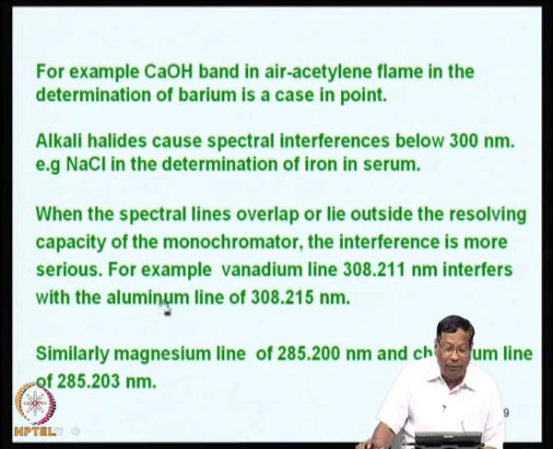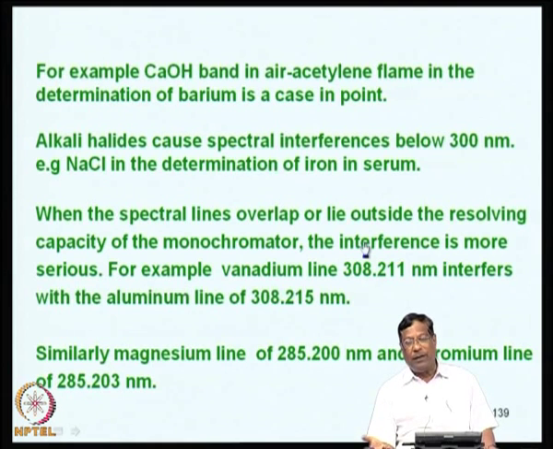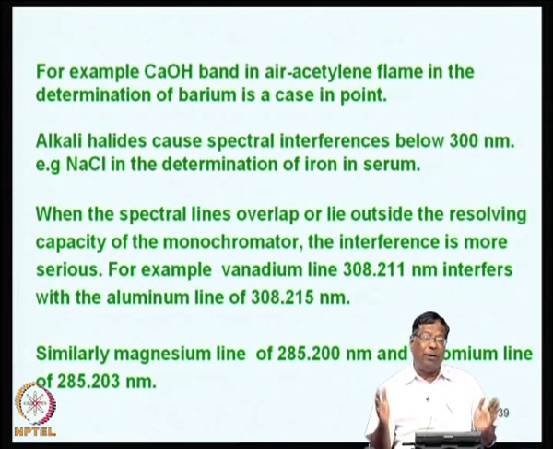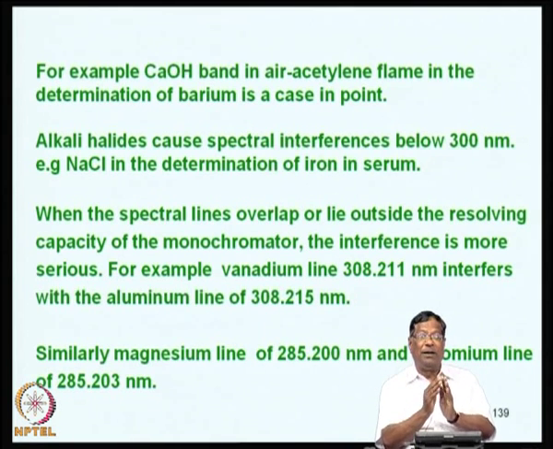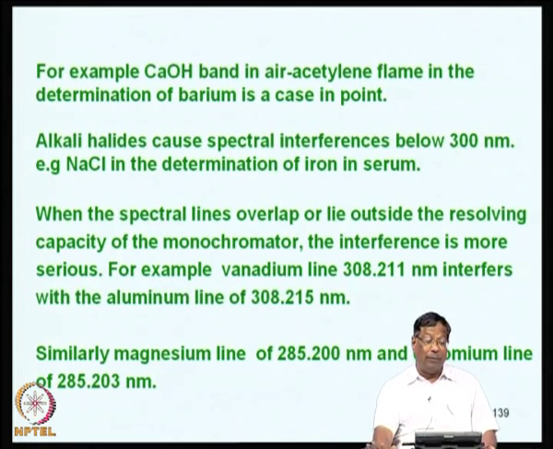Suppose you have aluminum along with vanadium; aluminum atoms also will absorb at 308.215. The difference between these two wavelengths is 0.004, but your monochromator cannot differentiate between 308.211 and 308.215. It will bunch all of them together and measure the absorbance.